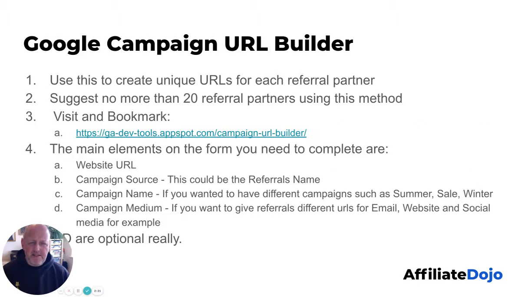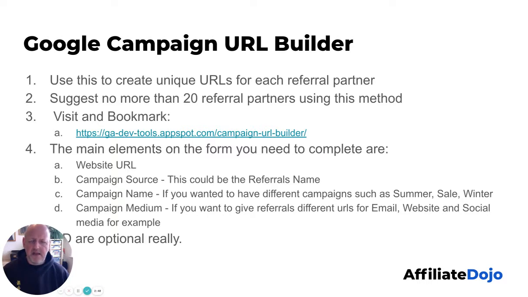Then the second thing that most people don't know about is the Google Campaign URL Builder. We're going to use this to create unique URLs for each referral partner, because each referral partner is going to need their own URL, and we don't really want to be building 20 or 30 different pages for each referrer.